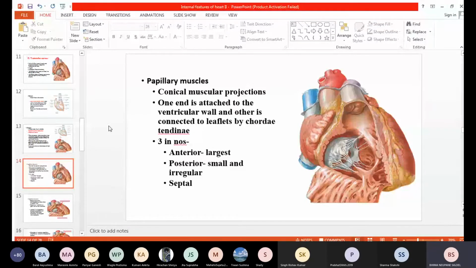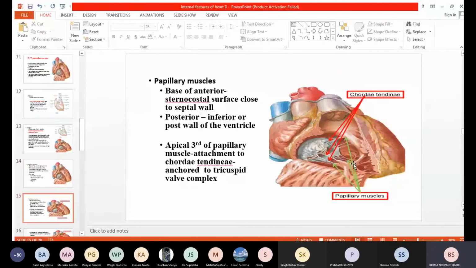Just now I mentioned this is the base of the papillary muscle. The base of the anterior papillary muscle is attached to the sternocostal surface, close to the septal wall. You can see it is close to the moderator band also. Whereas the posterior papillary muscles are attached to the posterior wall, the inferior wall of the ventricle.